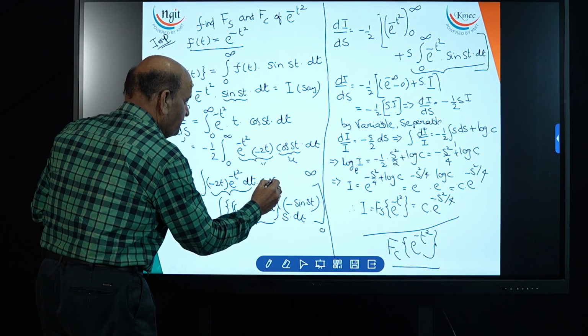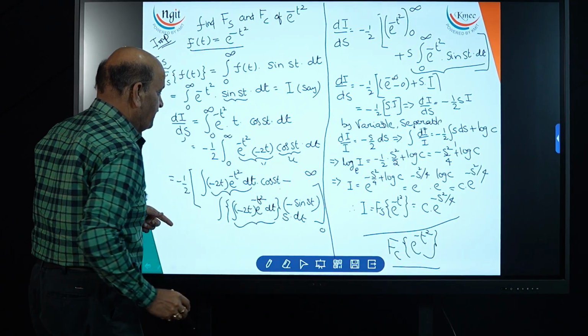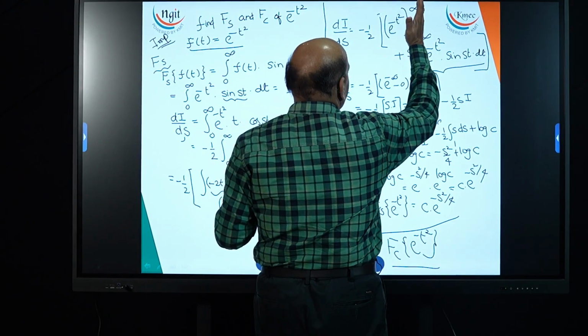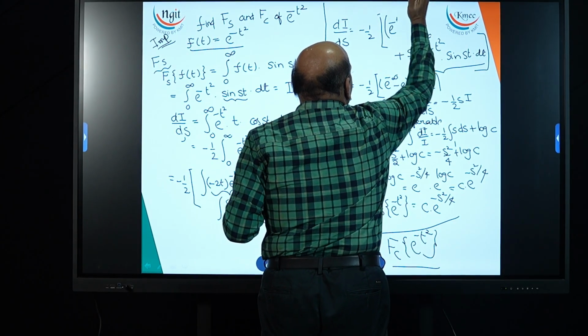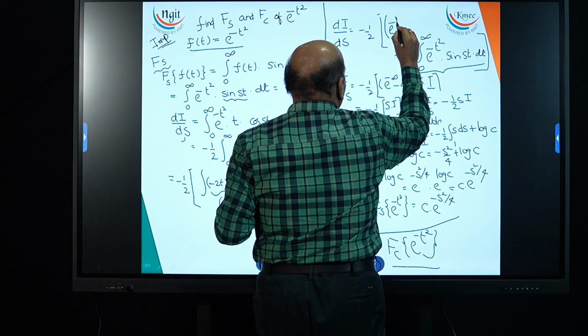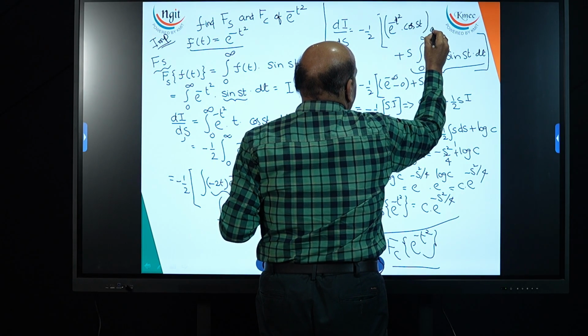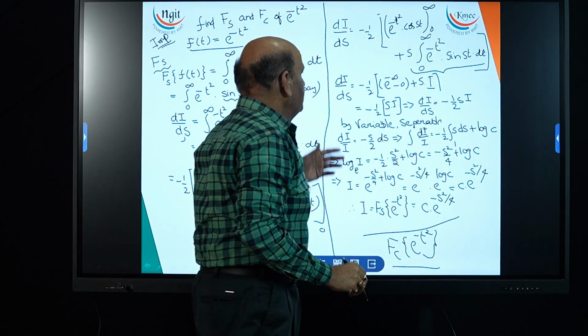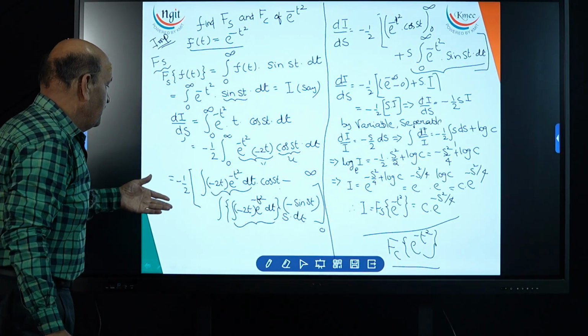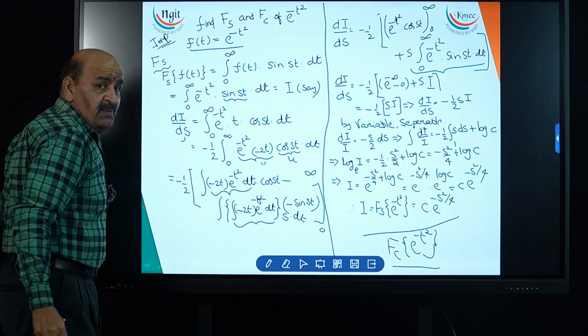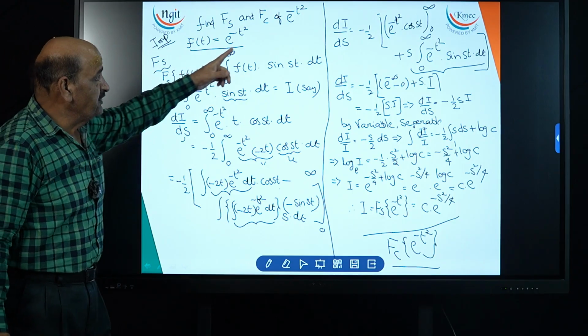This is cos st. Then here also keep e power minus t square into cos st between 0 to infinity. So that value will become 0. The cos st is differentiated here to minus sin st. So this is the output.